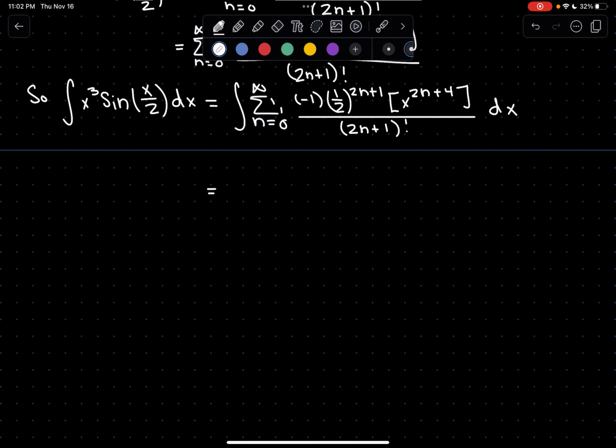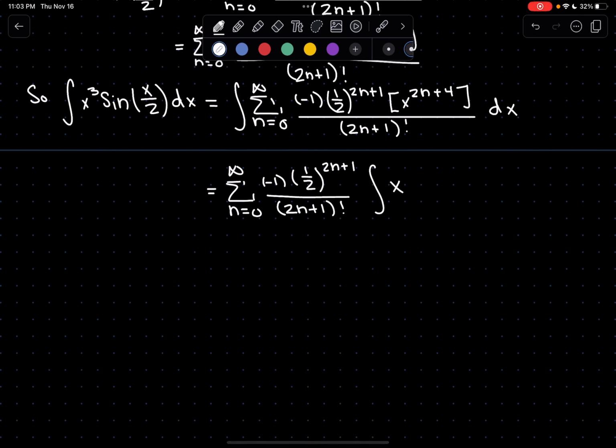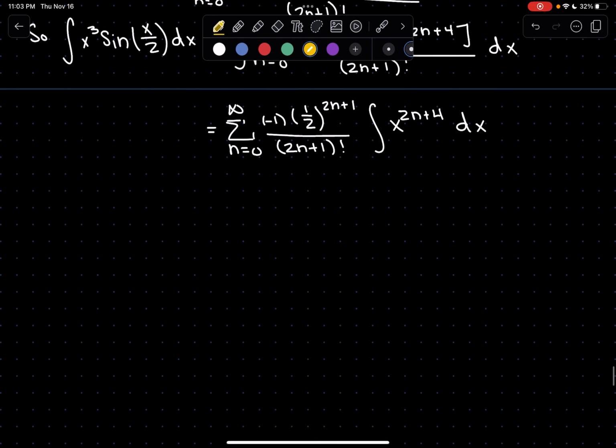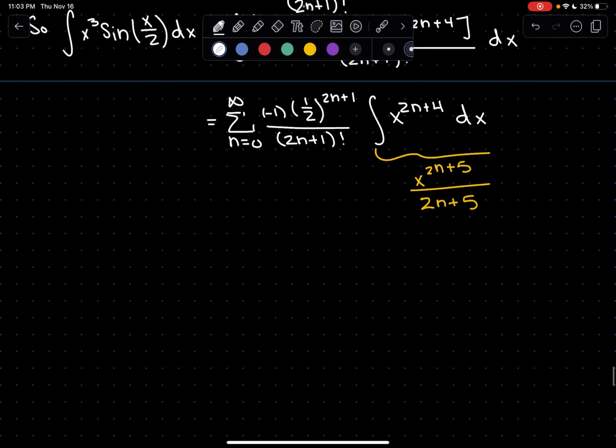This is equal to the sum n equals 0 to infinity of negative 1, 1 over 2 to the 2n plus 1 over 2n plus 1 factorial, times the integral of x to the 2n plus 4 dx. All right, this is an easy integral. This is x to the 2n plus 5 over 2n plus 5, just by the power rule.